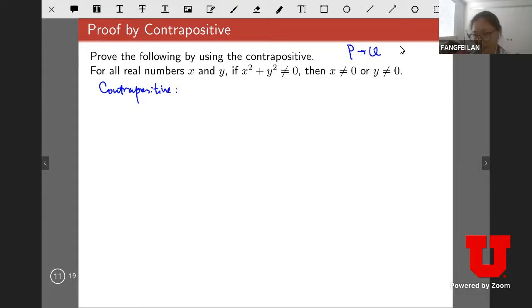That's the negation of P implies Q. Contrapositive would be not Q implies not P. Contrapositive is going backwards. And these two are equivalent statements. The converse is not an equivalent statement.